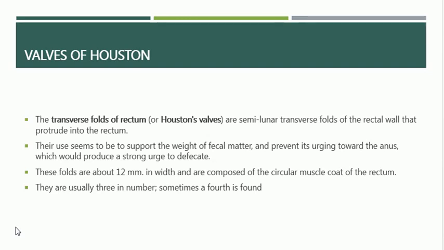These folds are about 12 millimeters in width, and they are composed of the circular muscle coat of the rectum. Keep in mind, the valves of Houston contain the circular muscle coat of the rectum. They are usually 3 in number, sometimes even a 4th is found.